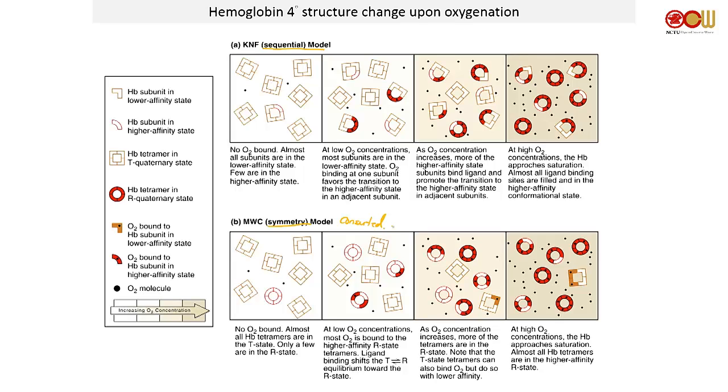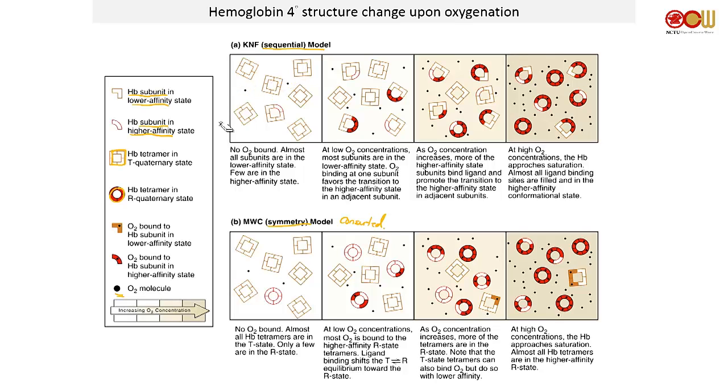Essentially, what happens is this. In both cases, we have a hemoglobin subunit in low affinity and a hemoglobin subunit in high affinity. So one is essentially a square, the other is a circle. You have essentially the T state and R state, T state being a square, R state being a circle. The little dot here represents molecular oxygen.